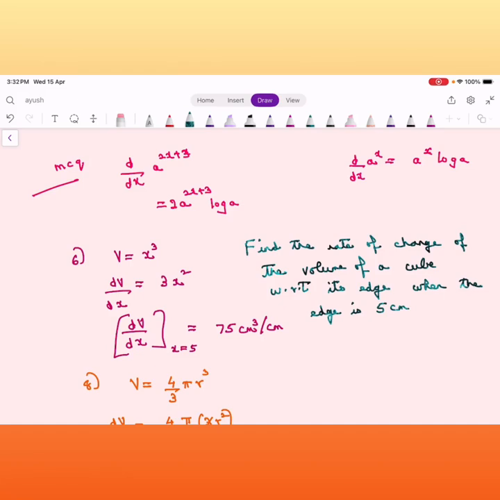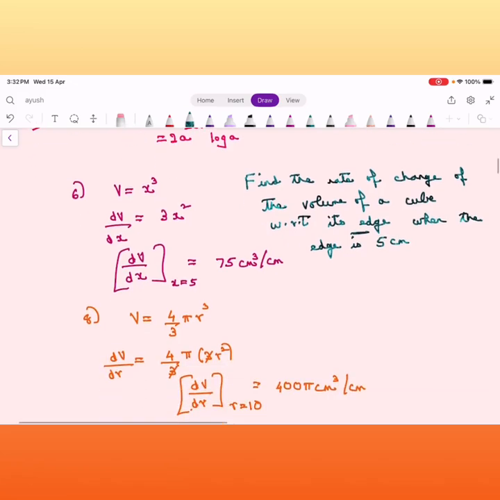So volume is x cubed for a cube if x is the side. So we have to find the rate of change of volume with respect to the edge. So dV by dx is 3x squared, and we want to find dV by dx at x equal to 5. So it is 75 centimeter cube per centimeter.